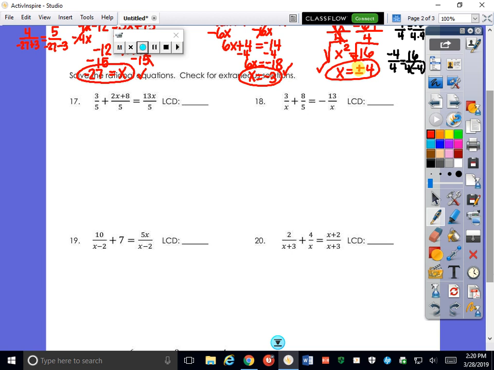Last types of problems we have is when we can't cross multiply and we need to solve it using our least common denominator. So the first thing we're going to do is find the LCD between 5, 5, and 5. I think it's 5. So we're going to multiply all three fractions by 5.